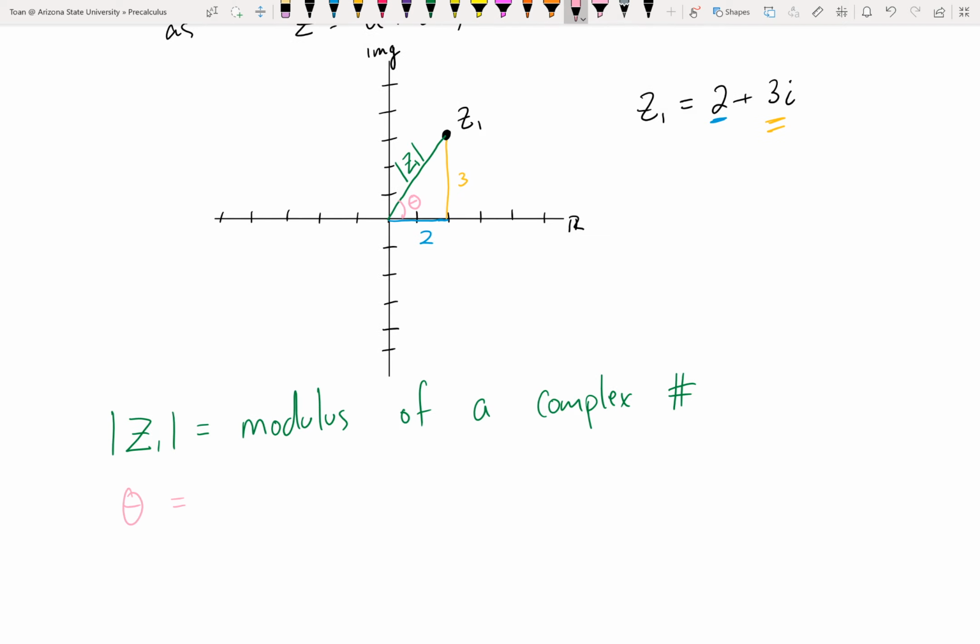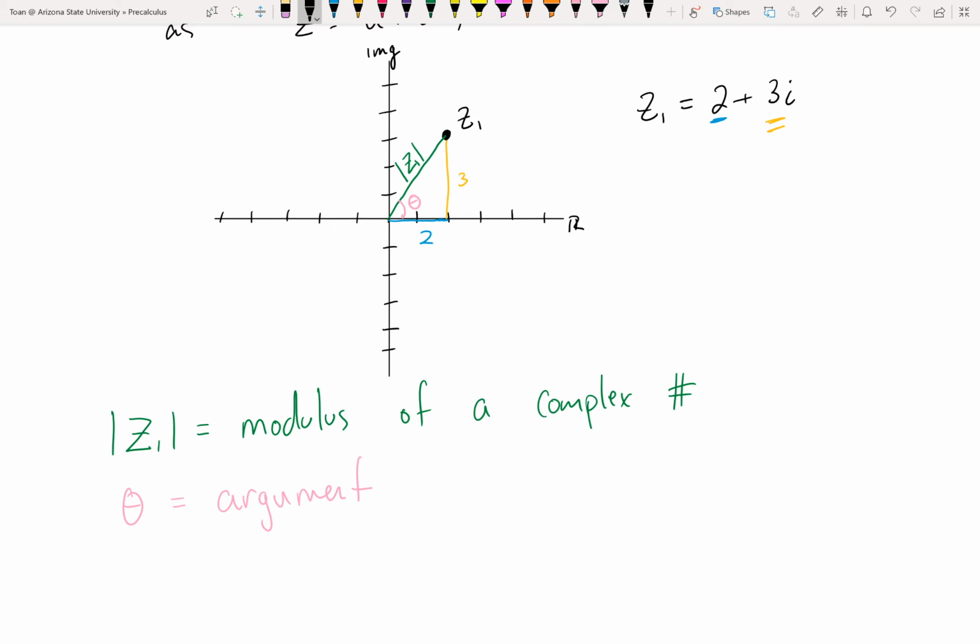And the theta is called the argument. But conceptually, the idea doesn't really change. The modulus is just the radius, it's the linear distance, and the argument is just the angle. And the formulas to find them are 100% the same. So it's the same bridges that connect polar coordinates to rectangular coordinates.